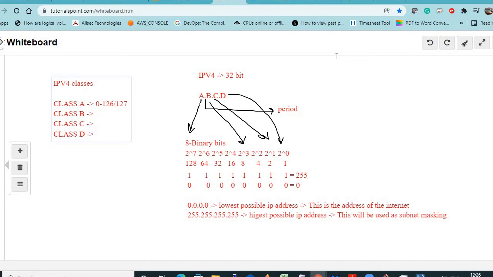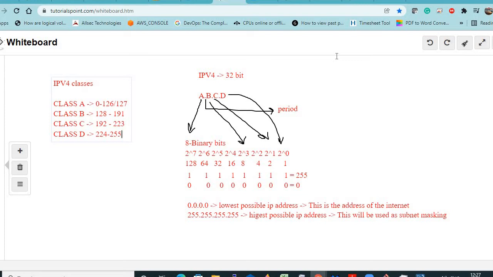Then 128 to 191 is class B. And then 192 to 223 is class C. Nobody used class D and E, so 224 to 255.